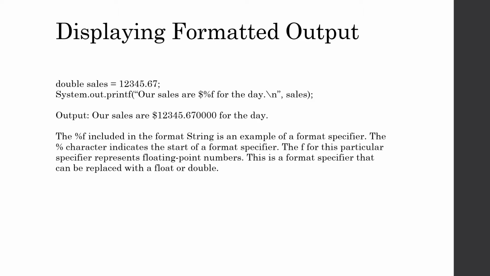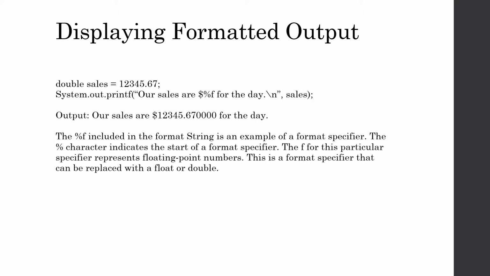In this particular case, since we're doing %f, the f for this particular specifier represents floating point numbers. This is how we can say precisely, as far as the data type is concerned, what it is that we're going to be formatting.